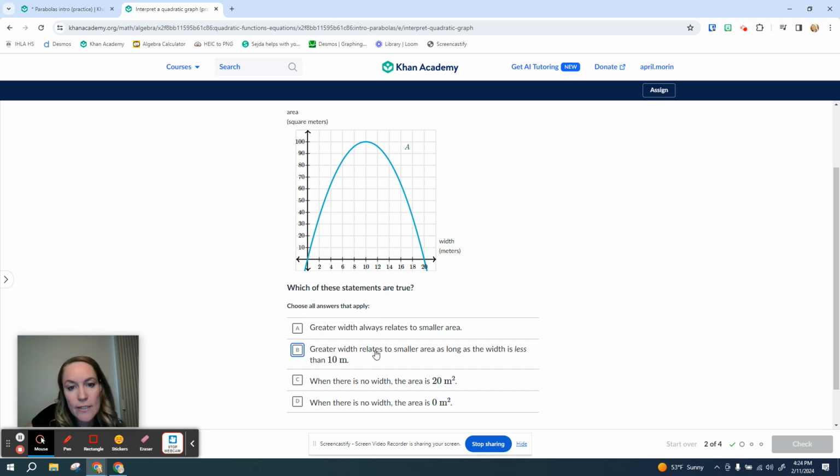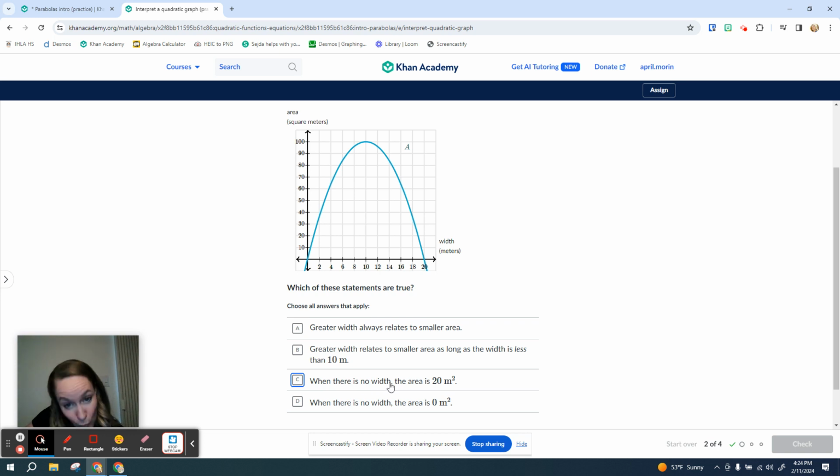Greater width relates to smaller area as long as the width is less than 10 meters. So that's not true either, because on this side of the graph, greater width relates to greater area, and on this side of the graph, greater width leads to smaller area. So that one's not right.